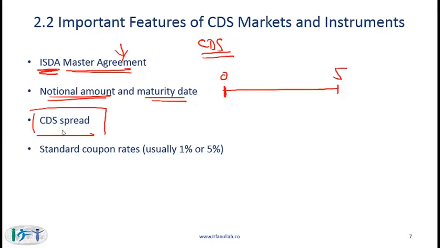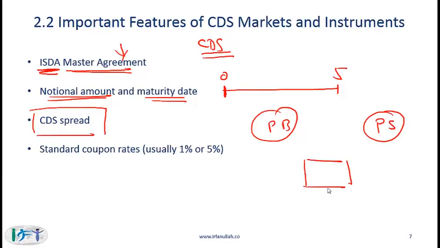The concept of a CDS spread. If we have a protection buyer and a protection seller, and we have some underlying reference entity, clearly the protection buyer is making some payment related to the risk associated with this underlying entity.